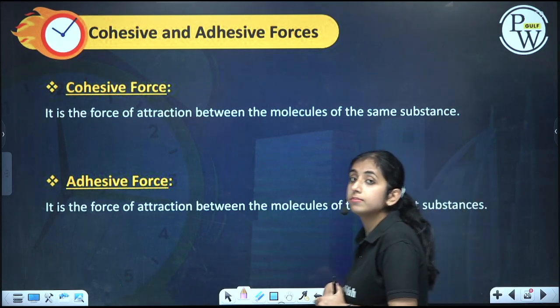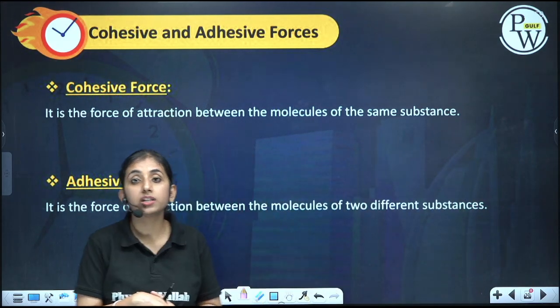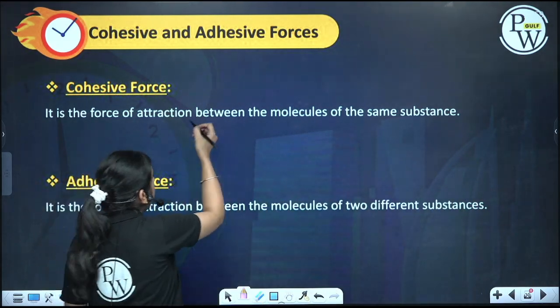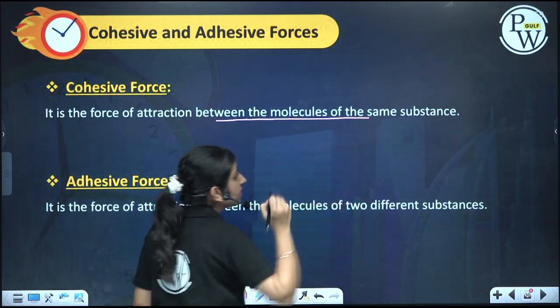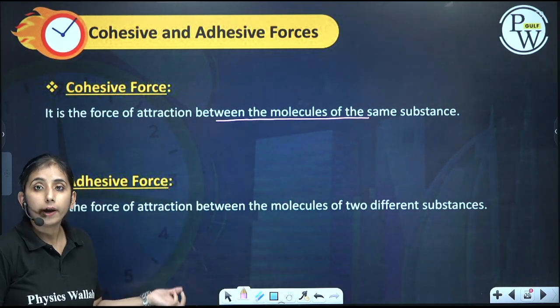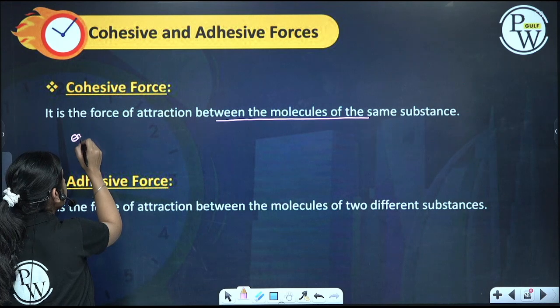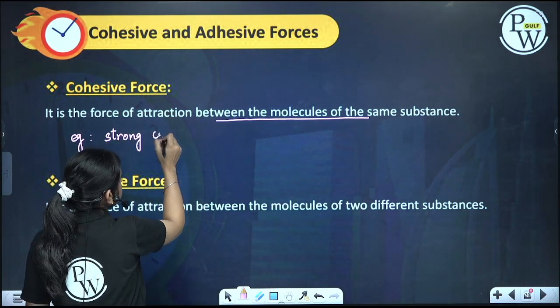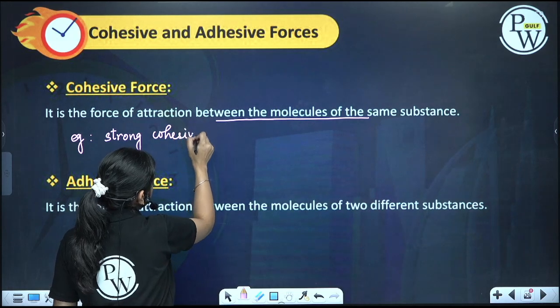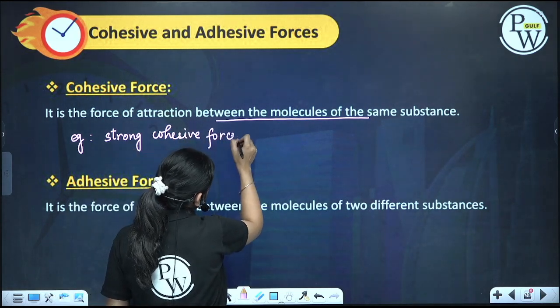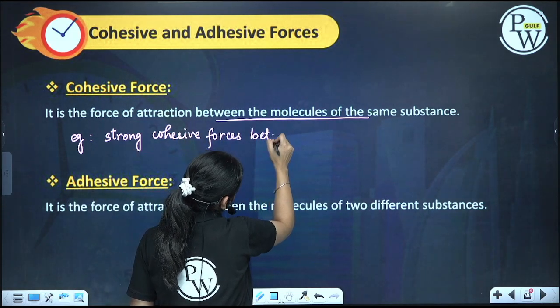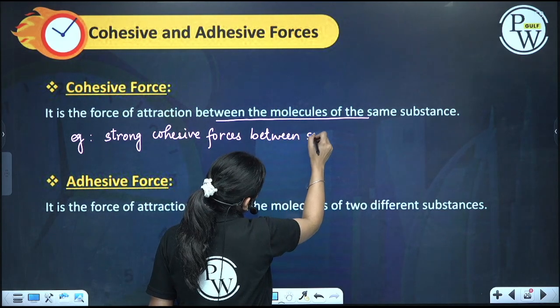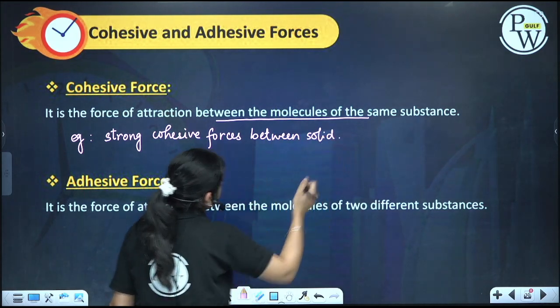Now next comes cohesive and adhesive forces. The forces which act between the molecules of the same substance are called cohesive forces. An example is the strong cohesive forces between the molecules of a solid.